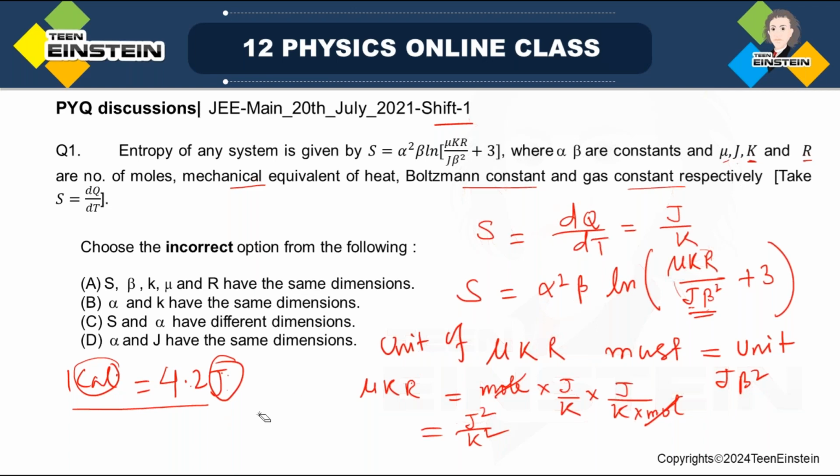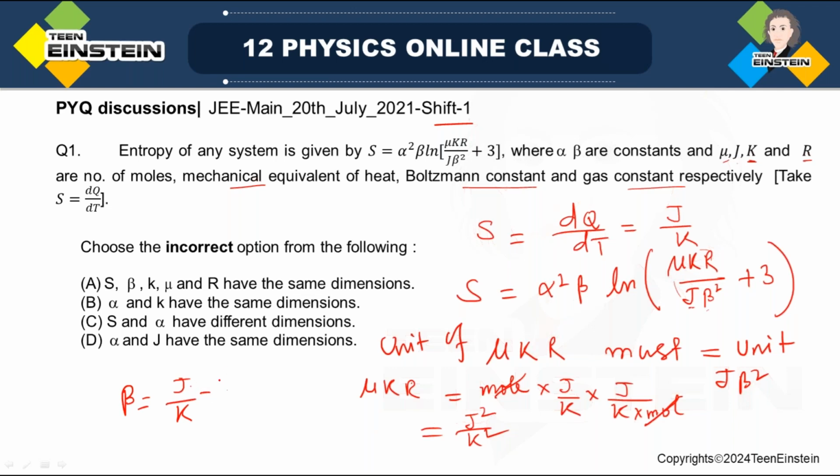So then, since J is a dimensionless quantity, the numerator will be joule square. So beta square means joule square per Kelvin square, right? So both have the same dimension or same unit, so beta will be actually joule per Kelvin.